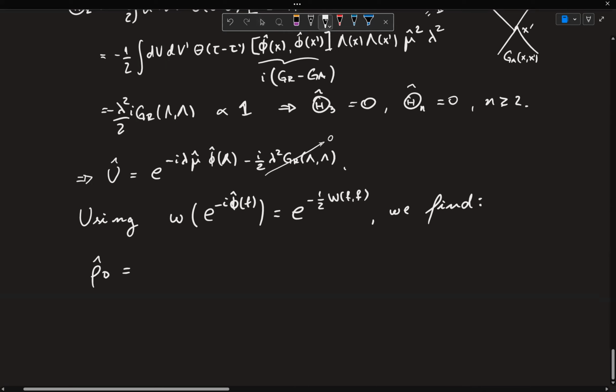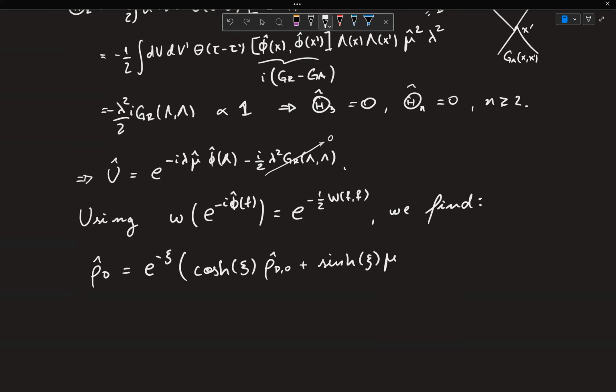Once you trace over everything, you can write this as e to the minus xi, cosh of xi rho d0 plus sinh of xi mu rho d0 mu. And xi is lambda squared W of lambda.